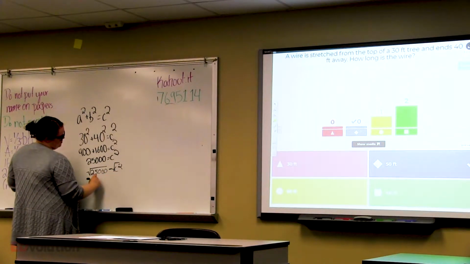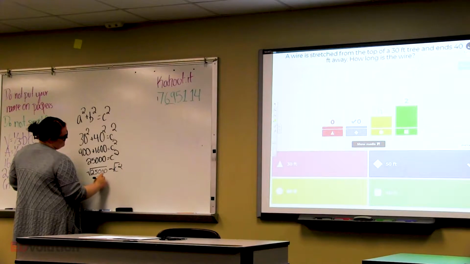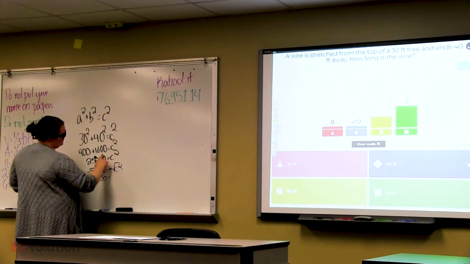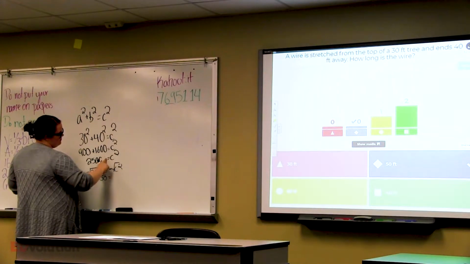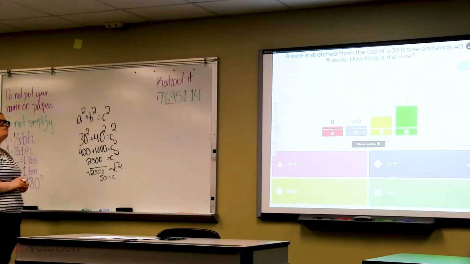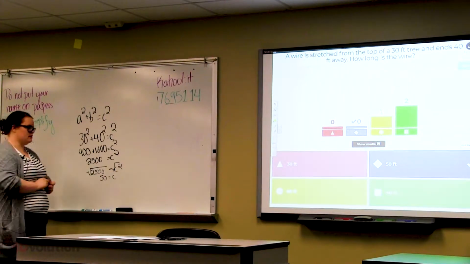And you're left with 50 equals, that was one too many zeros, by the way, 50 equals c.